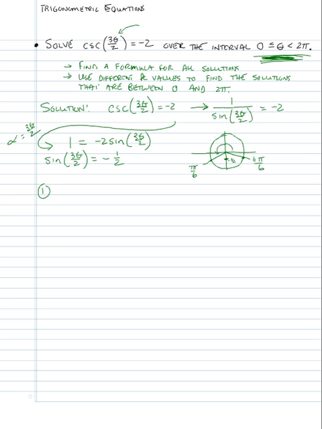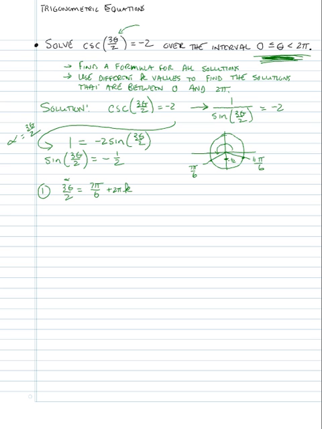So equation one, instead of saying alpha is equal to 7 pi over 6 plus 2 pi k, I'm just going to say 3 theta over 2. See, I called that alpha before. 3 theta over 2 is equal to 7 pi over 6 plus 2 pi k.